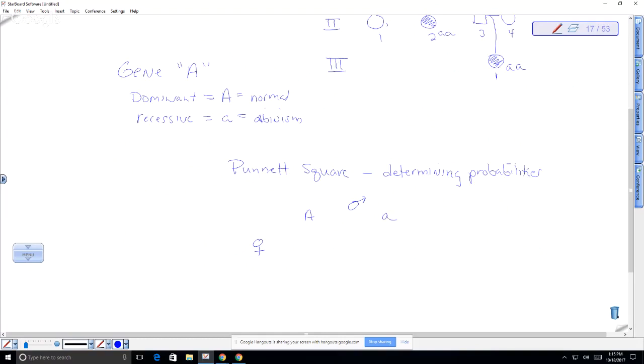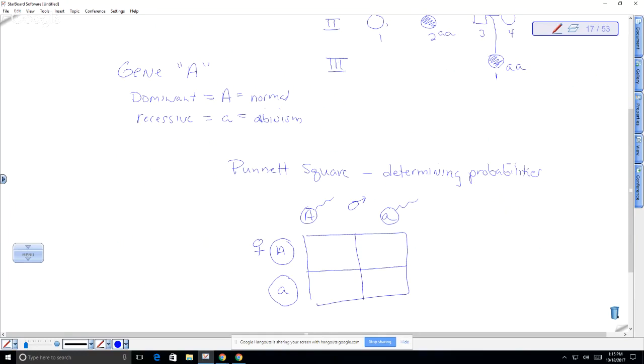So that would be my sperm. So I could put them in my little sperms. Okay. And then the female could produce an egg with a big A or a little a. I didn't line that up quite right. Okay.